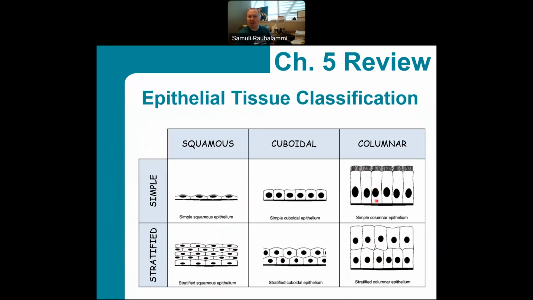One thing to notice about these simple columnar epithelia cells is that sometimes they have these little hair-like projections on the surface. These cilia can play an important role in moving materials along this layer formed by epithelial tissues, the free membrane. We see this, for example, in the uterine tube, where these cilia sweep the egg cell towards the uterus.